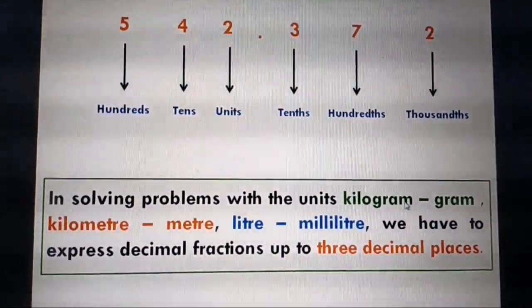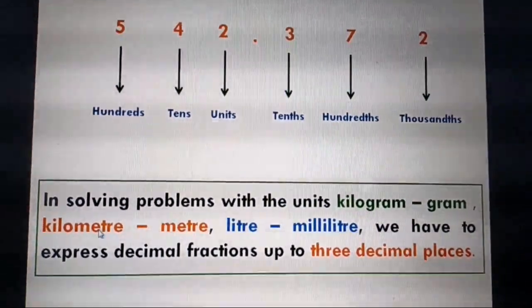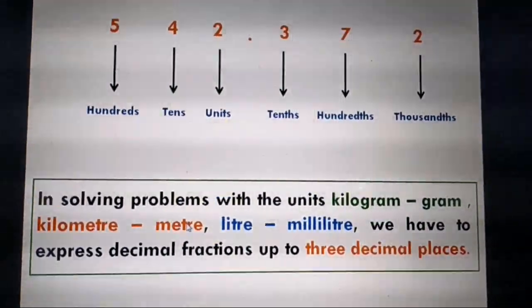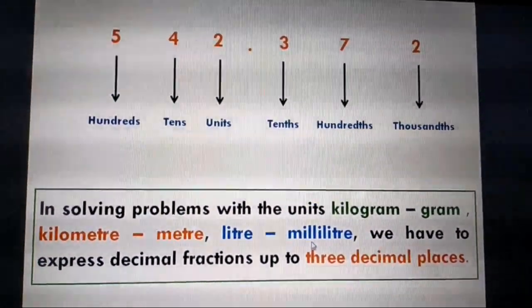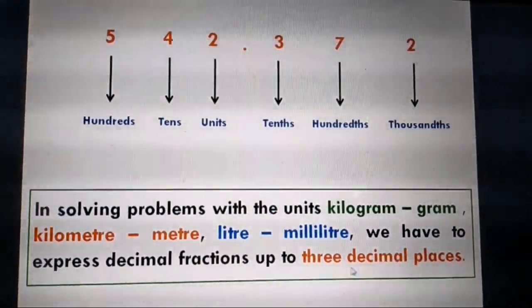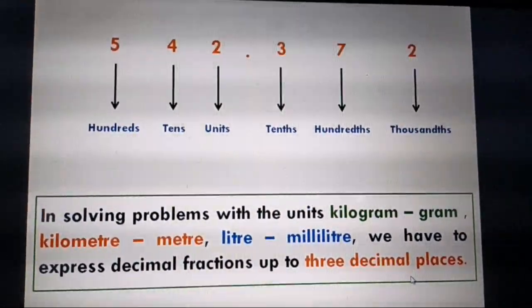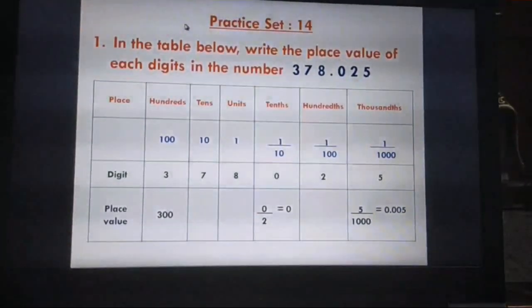Because we know 1 kilogram equals 1000 gram, 1 kilometer equals 1000 meter, and 1 liter equals 1000 milliliter. That's why we express the fractions in 3 decimal places. Clear? Now we will start with practice set 14.